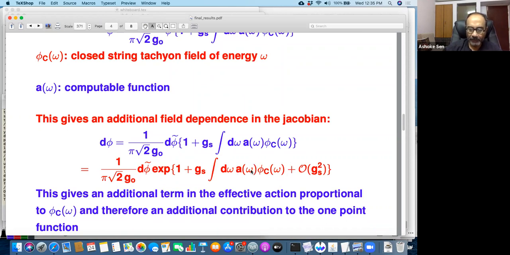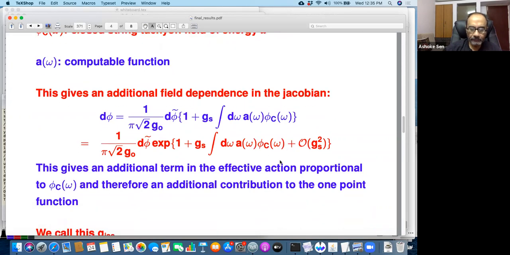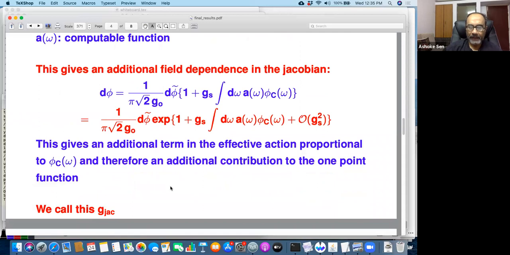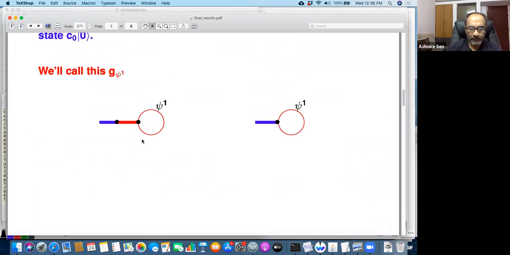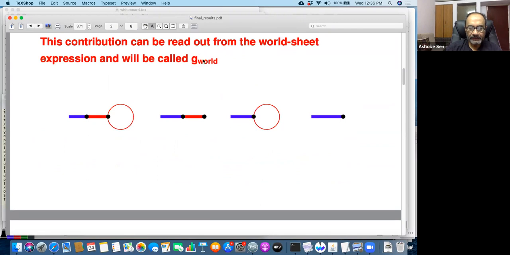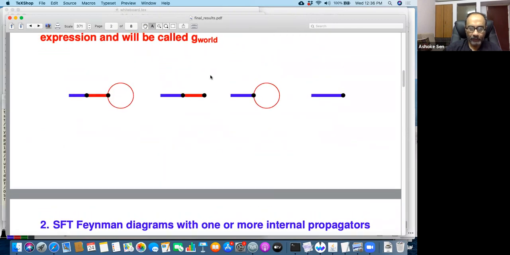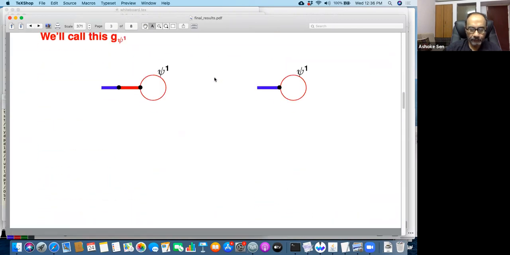This is a computable function, but this gives you a new contribution to the one-point function. So this also has to be added to G, because this contribution is not included in the worldsheet analysis. So we'll call this G Jacobian. This one we call G of psi 1. This one was G worldsheet. This is a direct regularization of the worldsheet analysis.